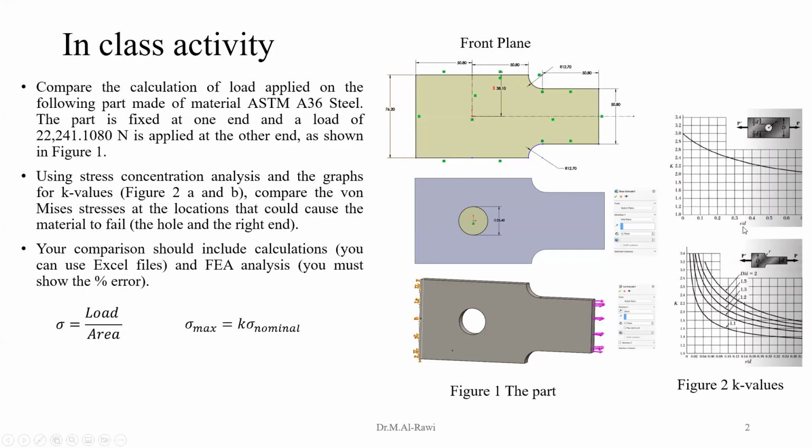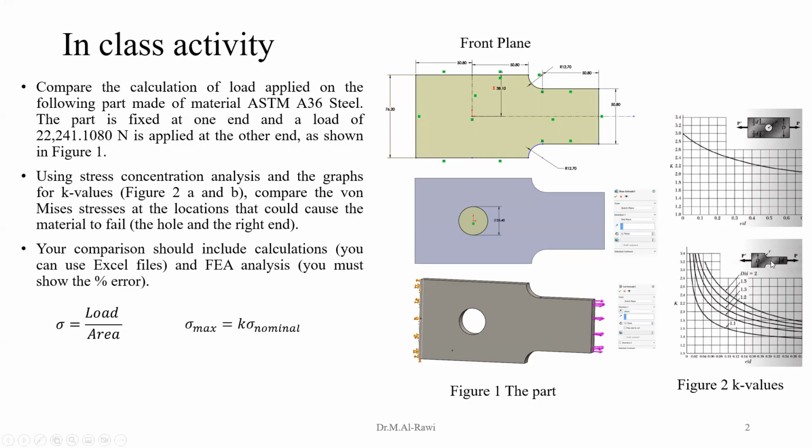Then you find R over D, where D is the remaining distance, D minus 2R, and you get that ratio. You intersect with the line, then read on the left the K value and multiply it by what you found. We compare between the calculations, because this comes from experimental results, and the FEA analysis.